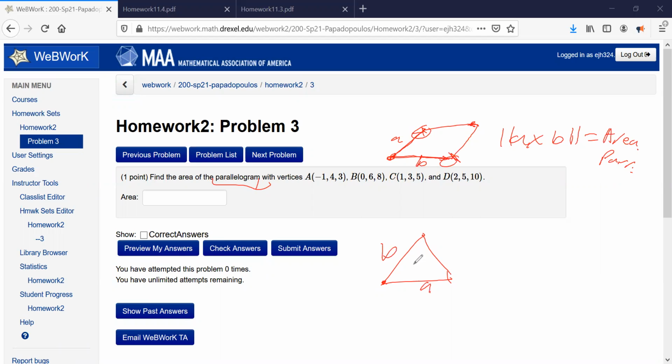You get A and B as your vectors, but then you can extend this triangle, do a mirror image of it, and this gives you a parallelogram, and you'll find that the area of the triangle is going to be equal to the magnitude of A cross B divided by 2. Does that make sense?